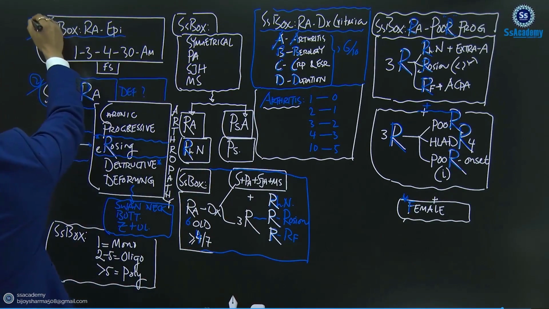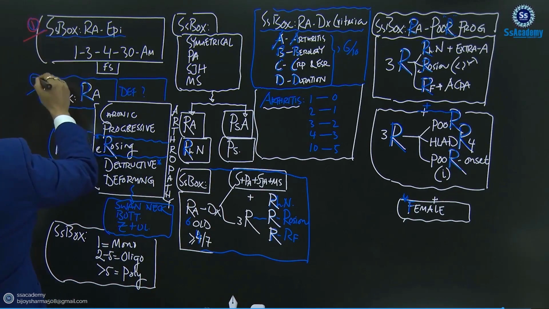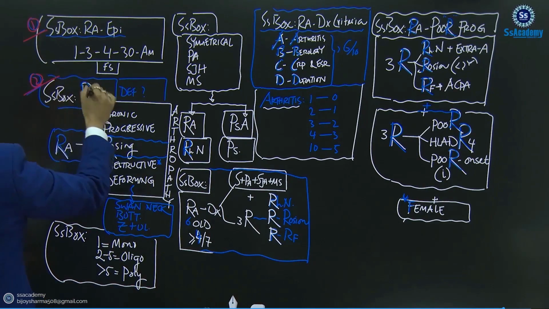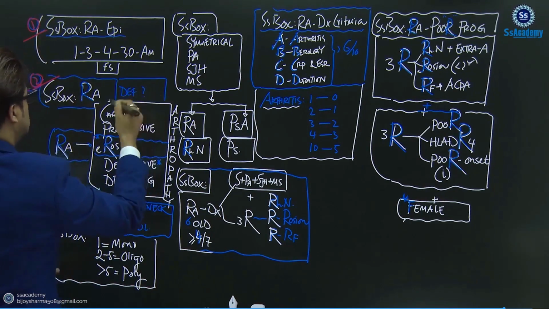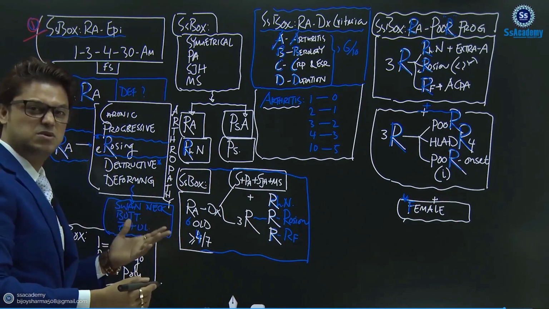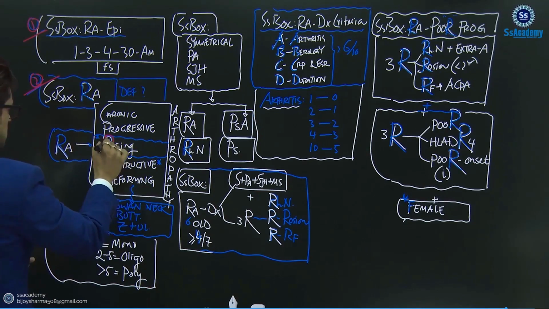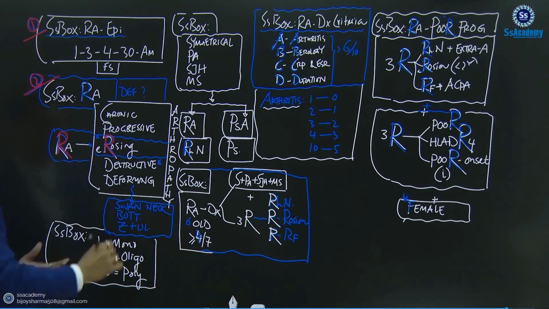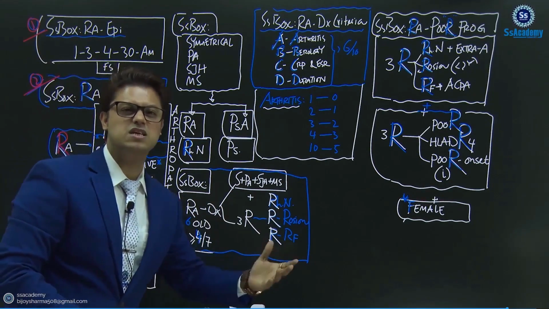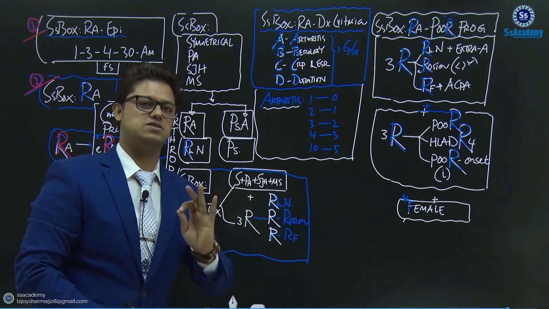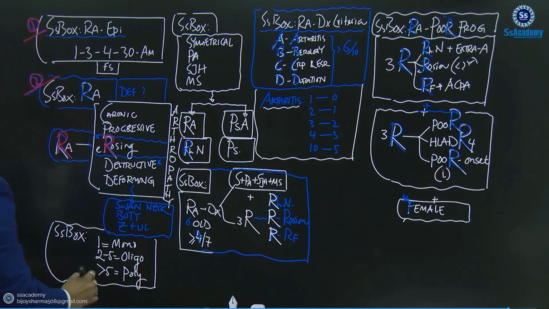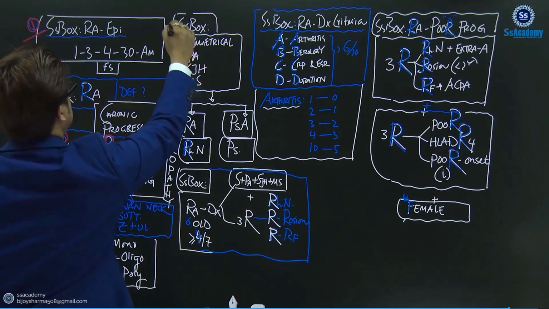So that is the first box that we already learned. The second box, my dear, is very much important: rheumatoid arthritis definition. What does it really mean? The single words that you need to remember are chronic progressive, and erosion, my dear. Erosion is the single word that you need to remember for rheumatoid arthritis. And the third box is really important here.